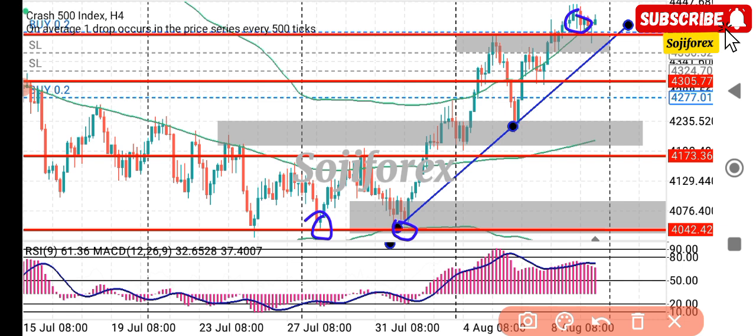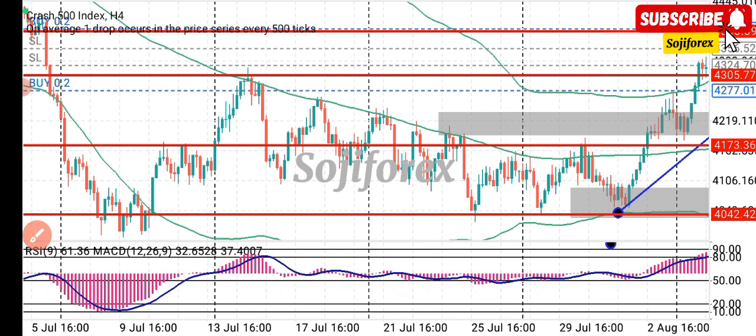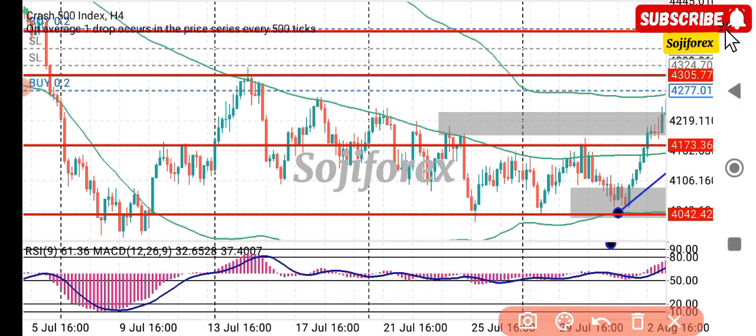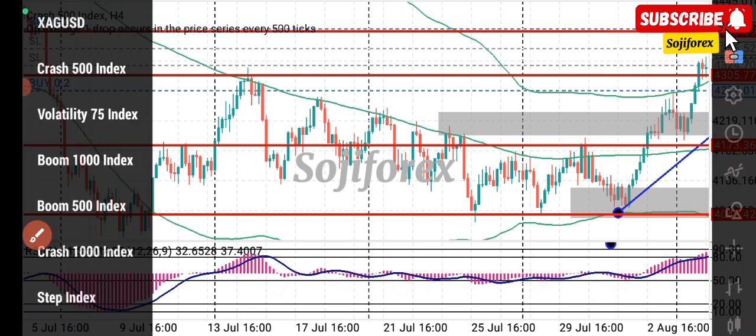Having established that, every continuation trade starts around the middle Bollinger Band. You can see this. All of this is starting around the middle Bollinger Band. Can you see this? It is not limited to only one asset, right?